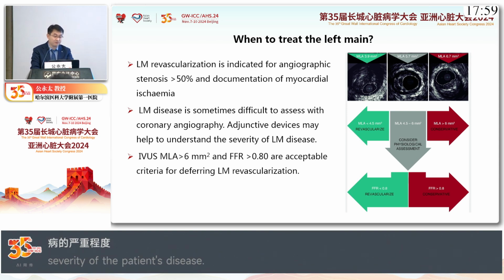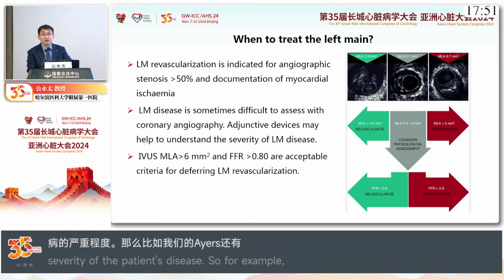For example, IVUS and FFR devices could help us to detect the function of the stenosis. If the minimal lumen area is more than 6 square millimeters, and if the FFR is more than 0.8, these are acceptable criteria for deferring left main revascularization.